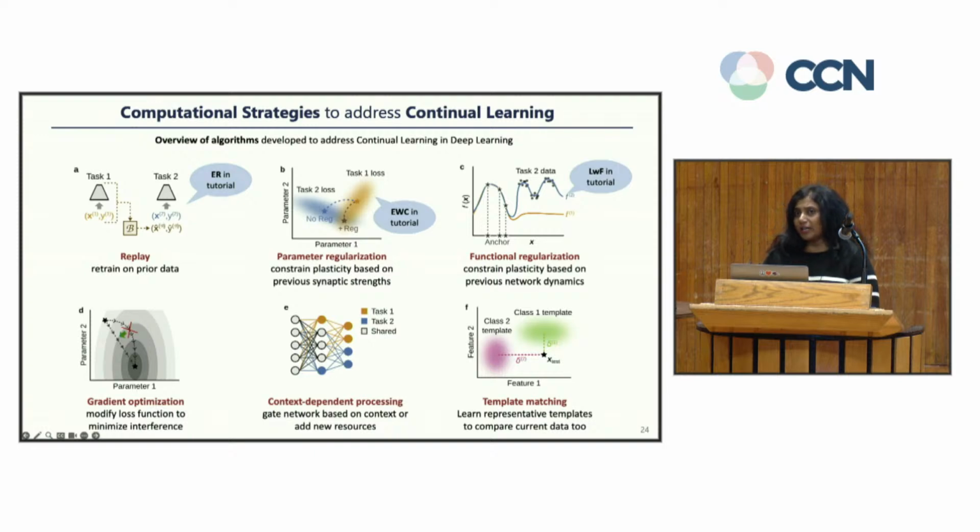So for each class in the template that it has learned, the test samples are classified based on which class template is most suitable to them. Later in the tutorial, we are going to cover the top 3, replay, parameter regularization, and functional regularization, with the popular examples that are out there in deep learning.